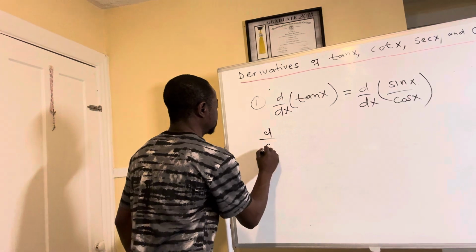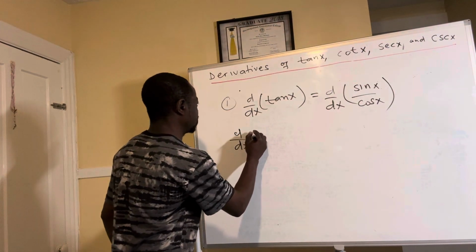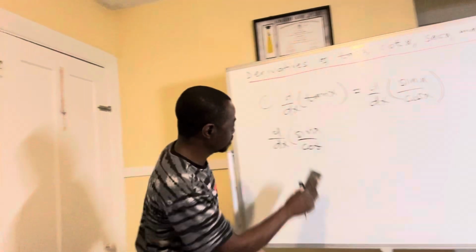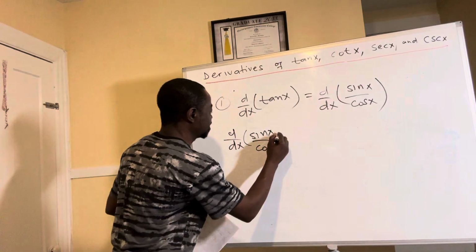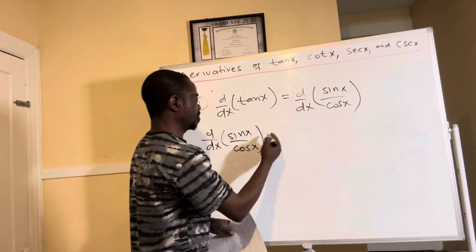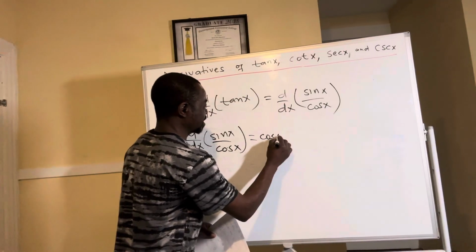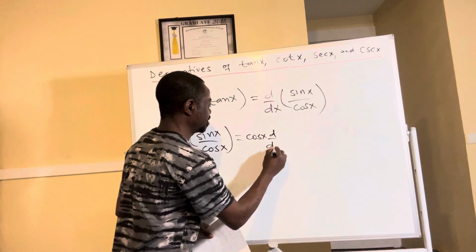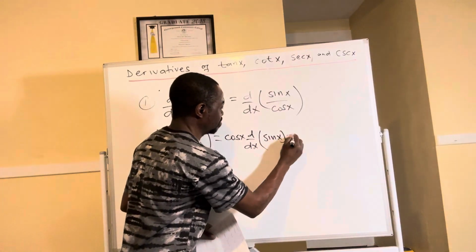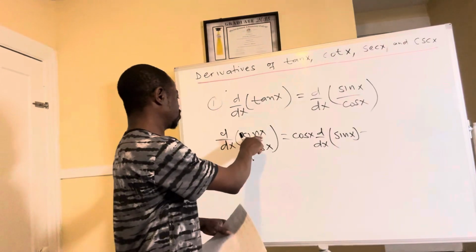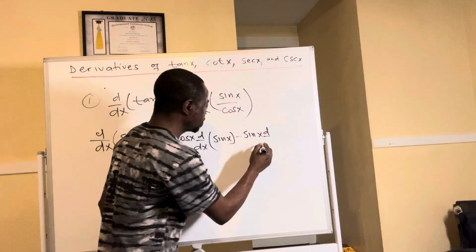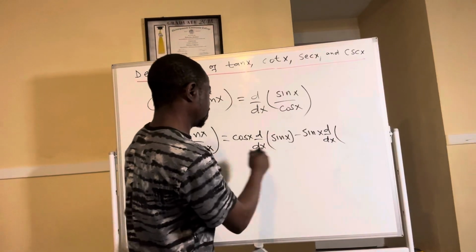So for d/dx of sine of x all over cos of x, we apply the quotient rule, which says we should hold the guy at the bottom, cos of x, as a constant, then we differentiate the guy at the top, which is sine of x, and minus, we hold the guy at the top, sine of x, as constant, then we differentiate cos of x.